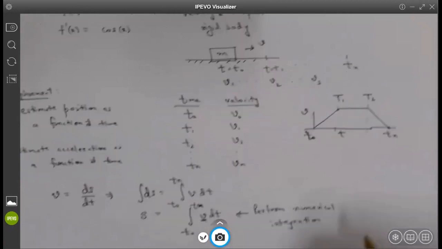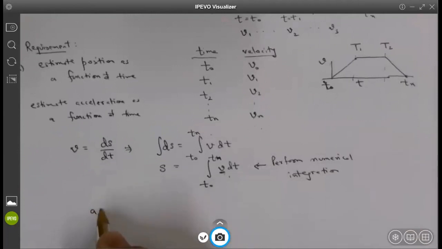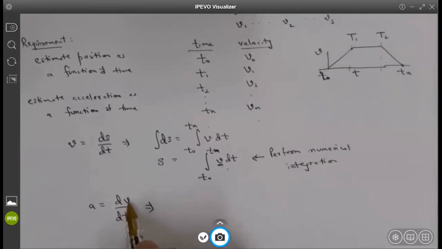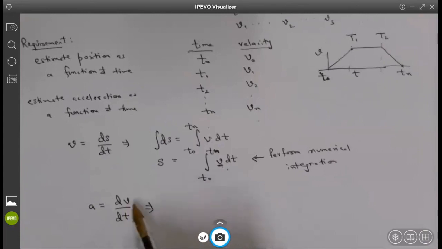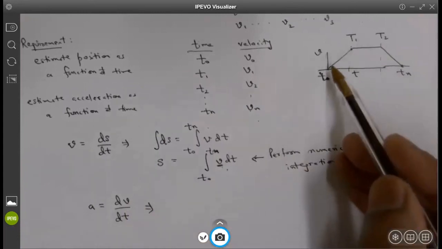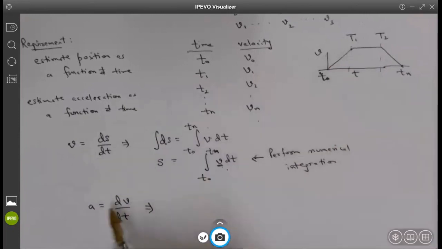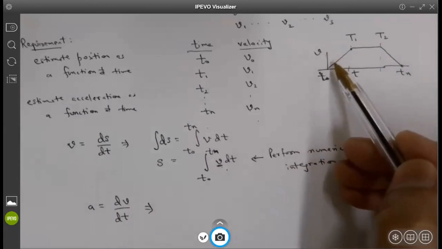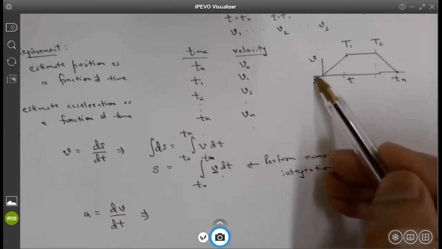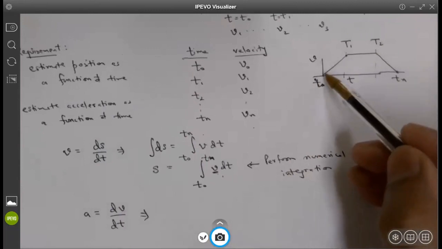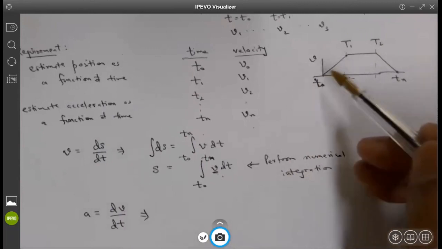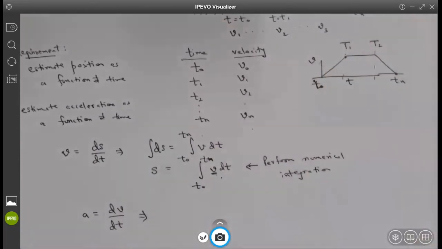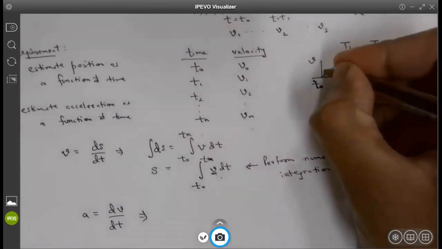The same thing will happen if you have to determine acceleration, which is the time rate of change of velocity. Again, I do not know what the velocity variation as a function of time is going to be. If it is linear, then I know that it is just a constant slope and I can find the acceleration for that duration. But if no specific variation has been mentioned, for example, velocities are like this.